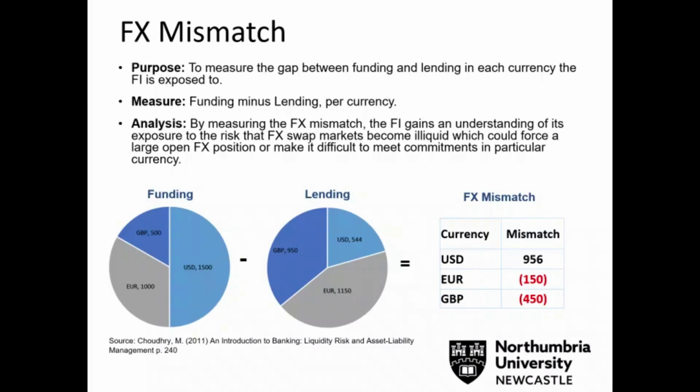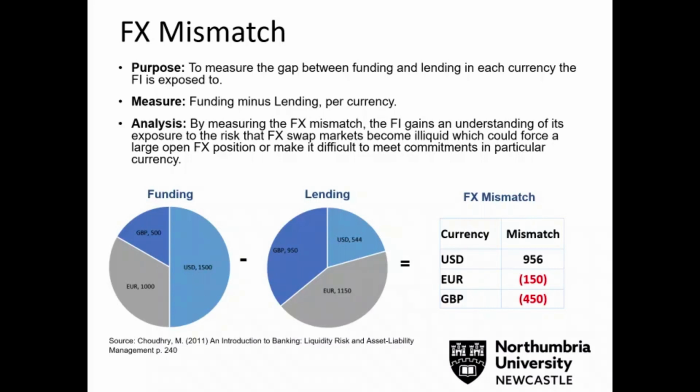So you will potentially look at your assets and your liabilities from a foreign exchange rate point of view, to see how many liabilities you have in certain FX relative to your assets. If you can see this example here, there's potentially a mismatch: there's a large amount of US dollars on the funding side relative to the lending asset side, but there's certainly a deficit in the euro and the pound.